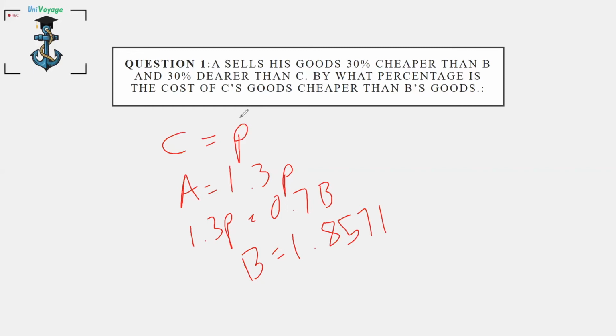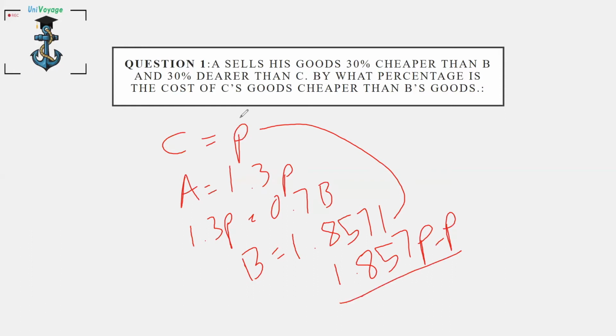So I need to find the change between this and this, basically the increase of B. So basically 1.8571P minus P upon, again with respect to B, so the value that we have to find is cheaper than B's goods, so the base value would be 1.857P, and then into 100, of course.